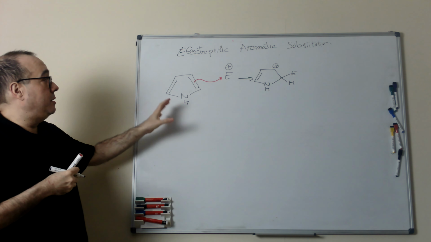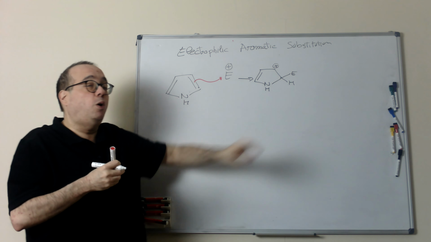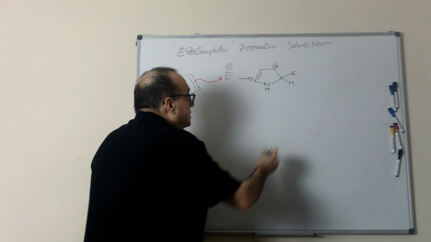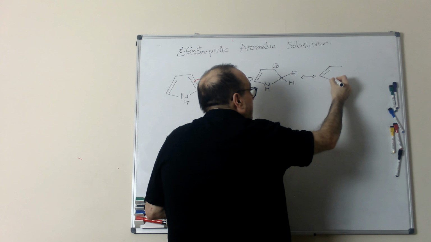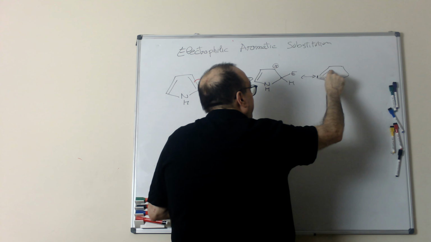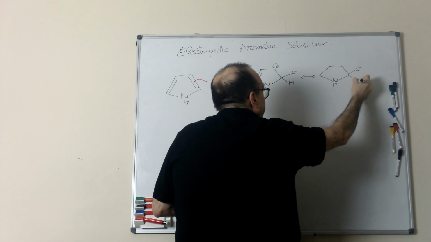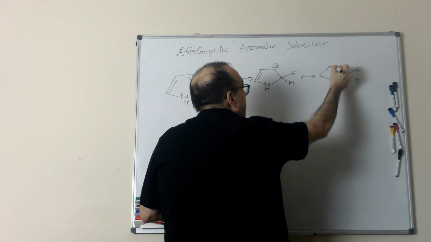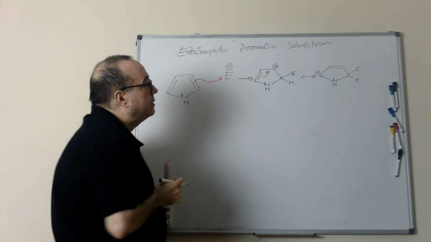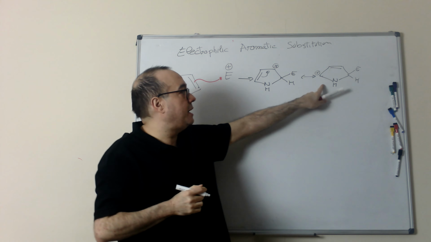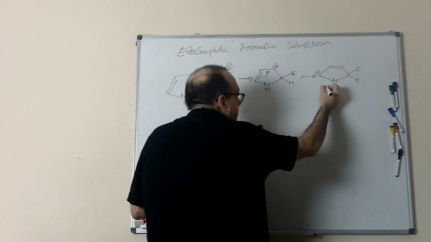In order to know if this intermediate is stable or not, what we need to do is to draw all the resonance structures. If I put this pair of electrons in this position, I generate this resonance structure.